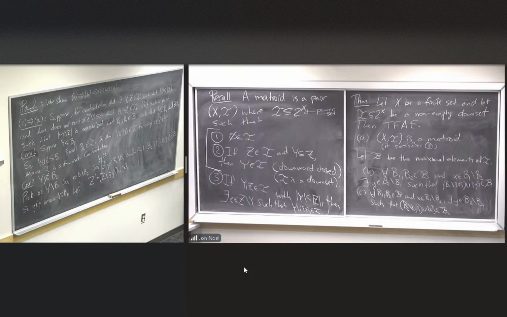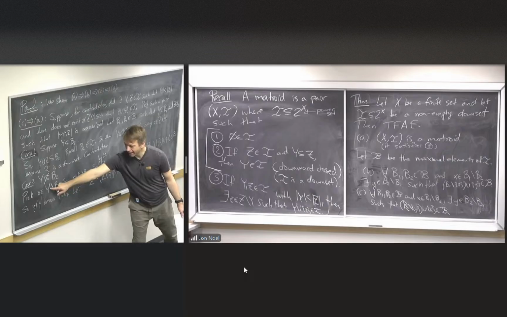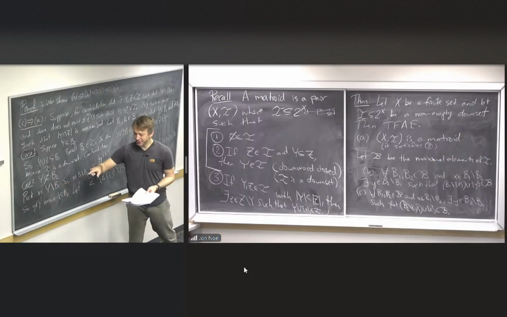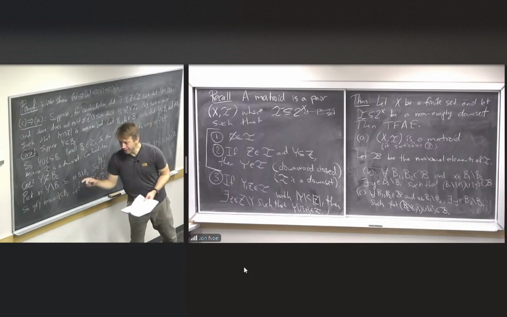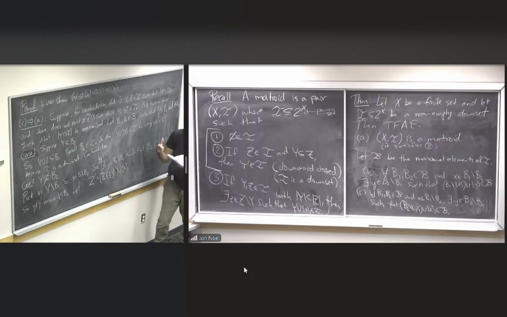Remember where x came from. x came from y and not B2. So in particular, x is in y, and it's not in z, because z is a subset of B2.